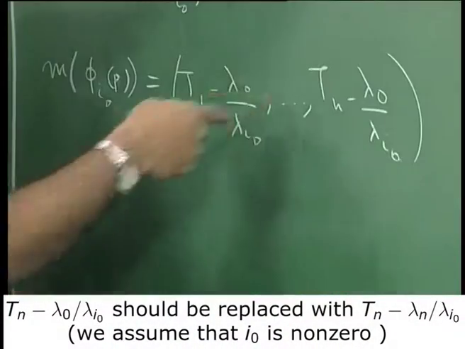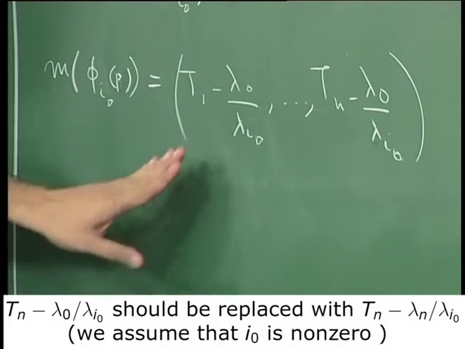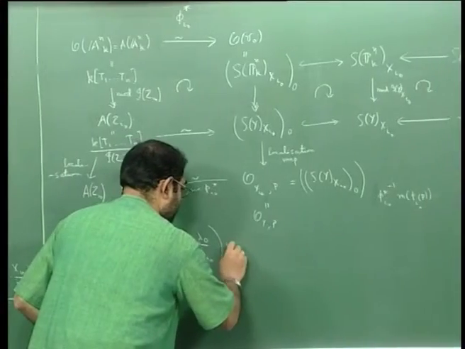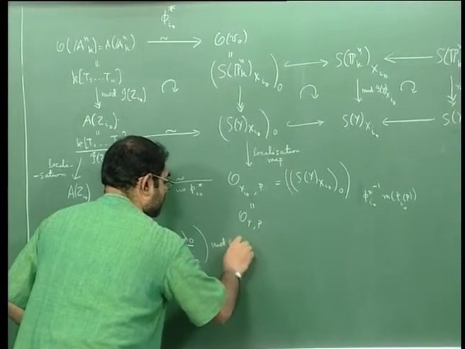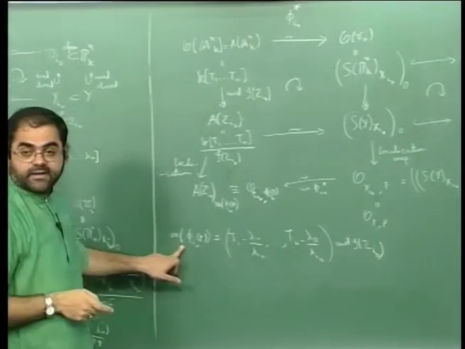Of course I omit lambda_i0 by lambda_i0. This is this ideal modulo the ideal of Z_i0. This is what the maximal ideal here is.